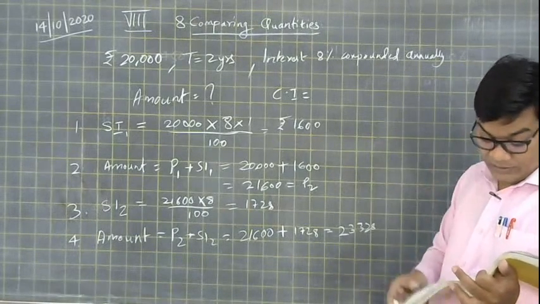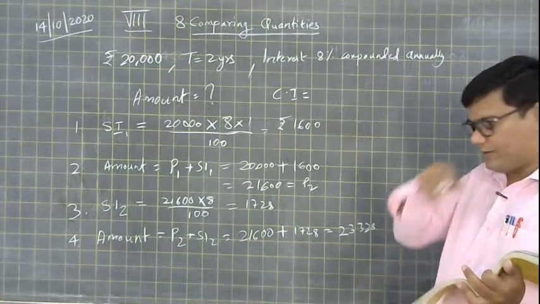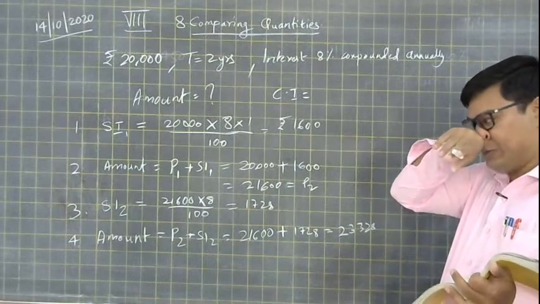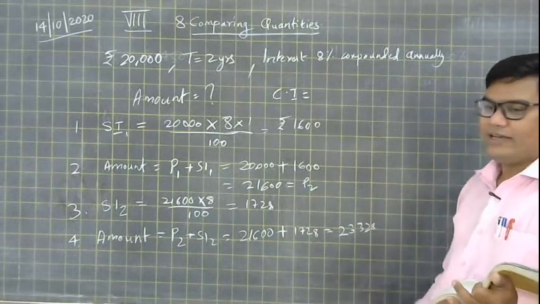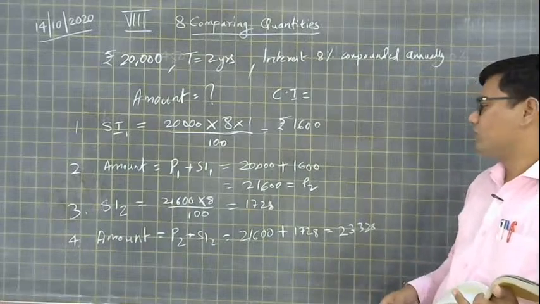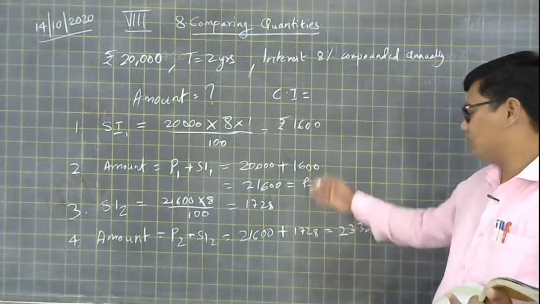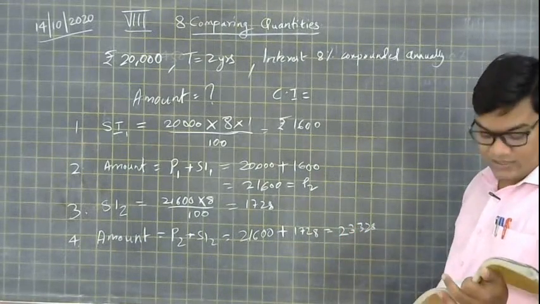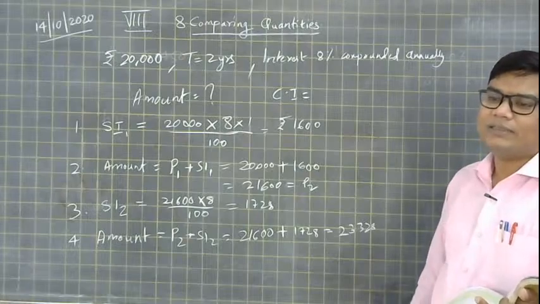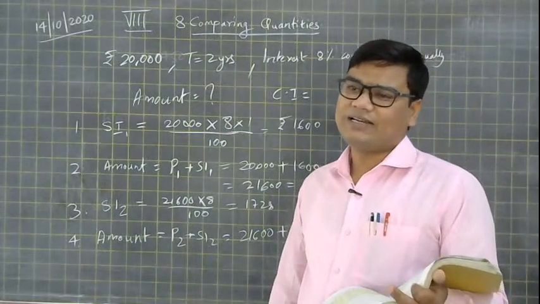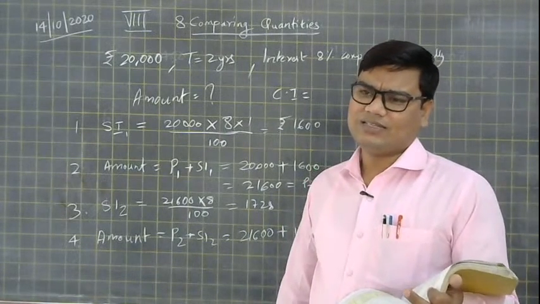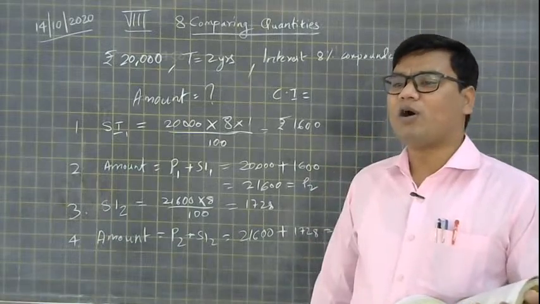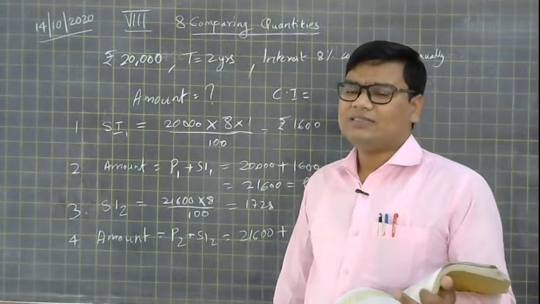Okay. Now let us find out the simple interest for 2 years. For 2 years we have found the compound interest year by year. Now let us find the simple interest for 2 years and see if there is any difference between the compound interest and the simple interest.